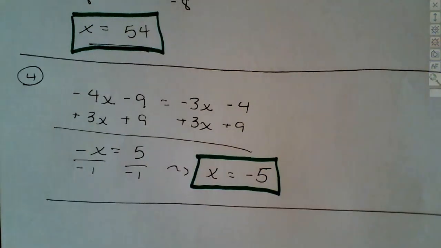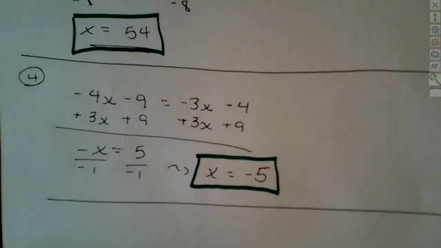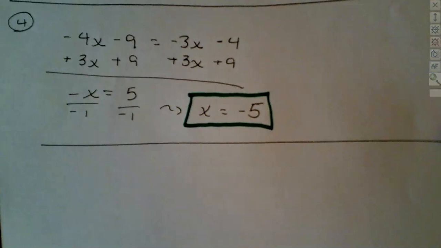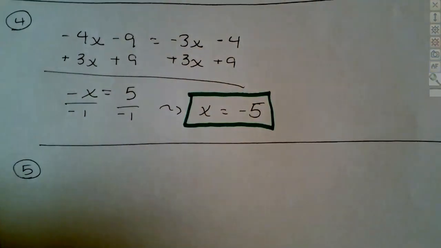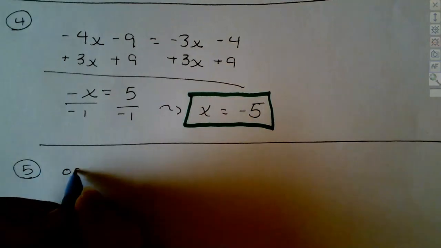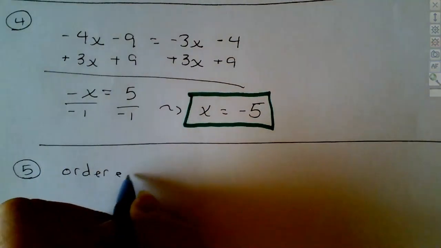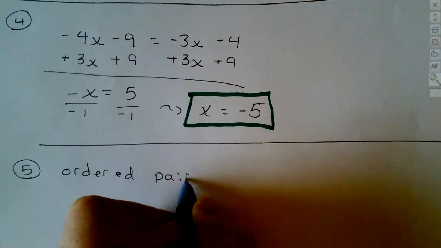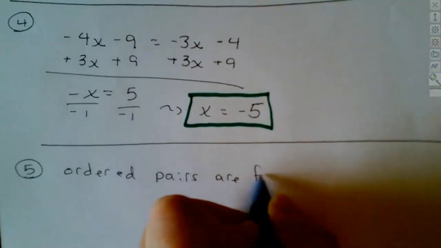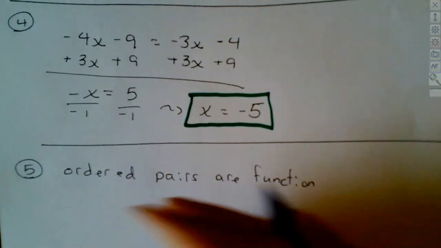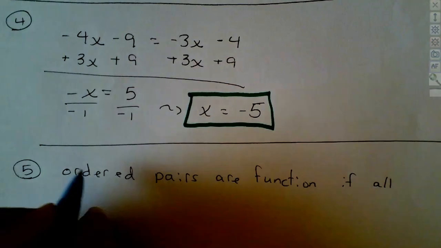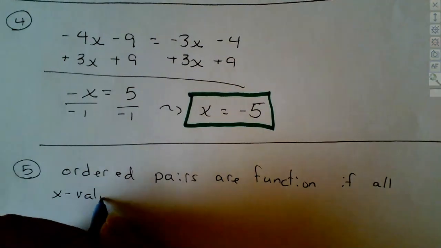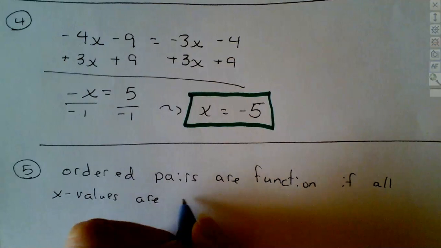Question 5 talks about the domain and the range and what makes something a function. So how do we know if something's a function? Ordered pairs are functions, or form a function, I should say, if all x values are different.